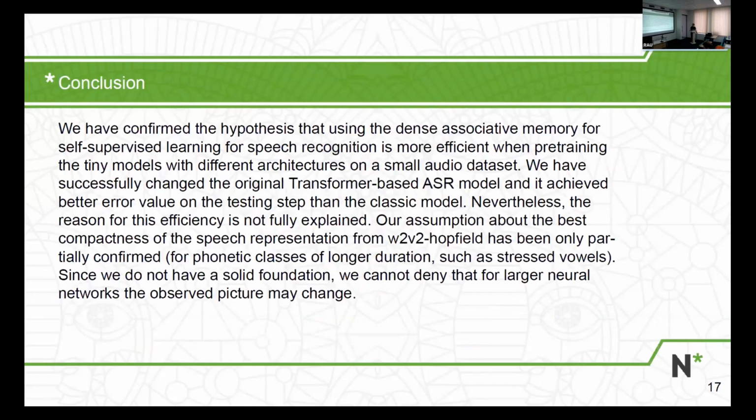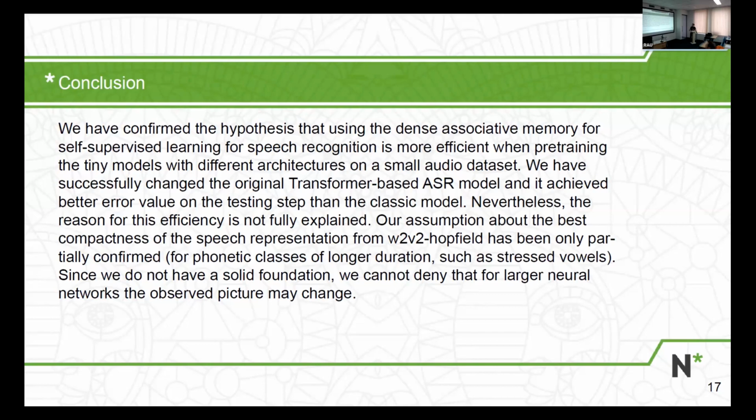To conclude, I would like to say that we think that using the dense associative memory for self-supervised learning in speech recognition is more efficient when we train tiny models with different architectures on a small audio data set.